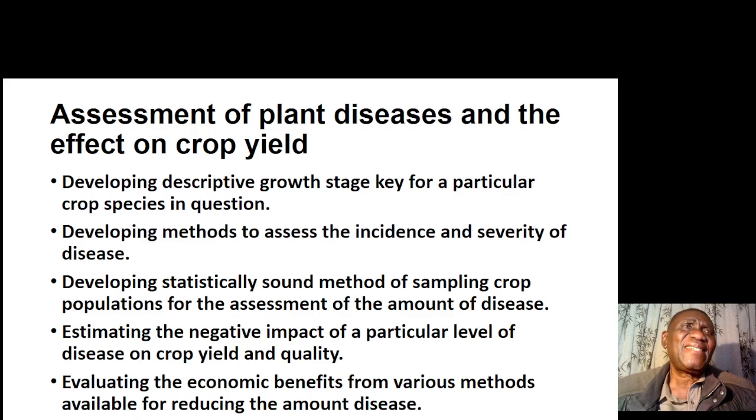Also estimating the negative impact of a particular level of disease on crop yield and quality. Overall, we should be able to evaluate the economic benefits from various methods available to reduce the amount of disease.